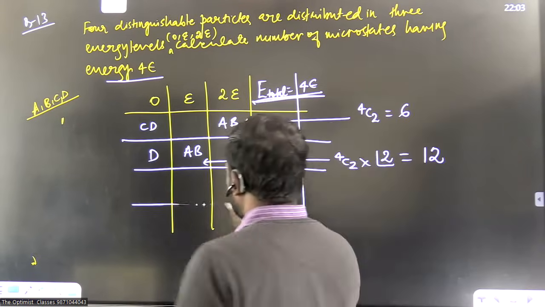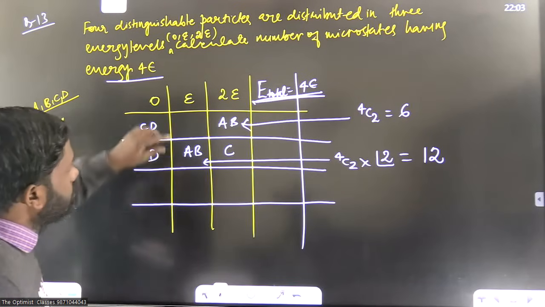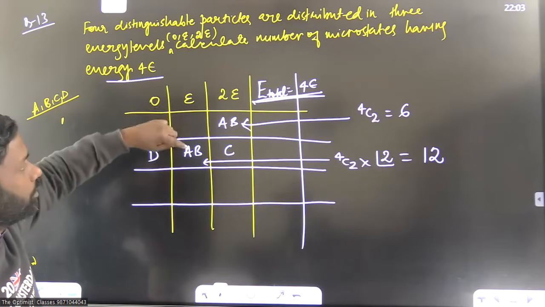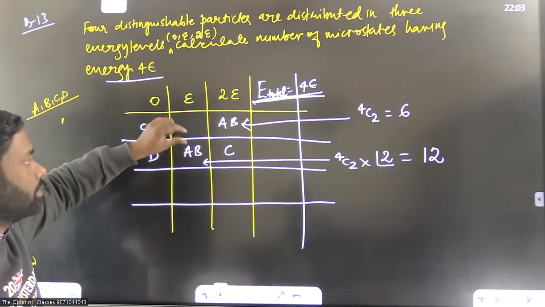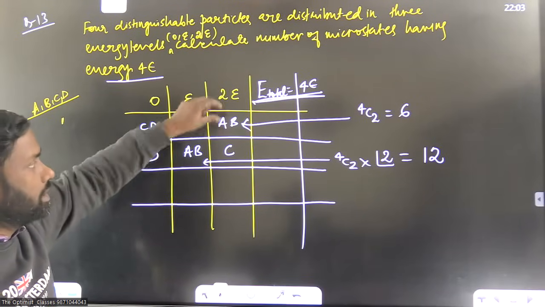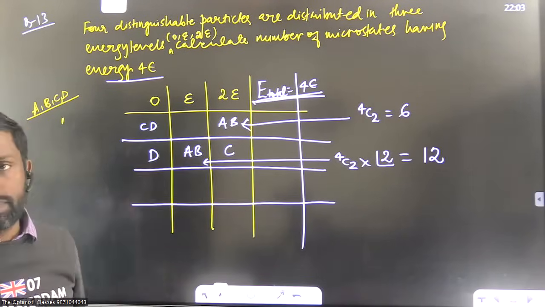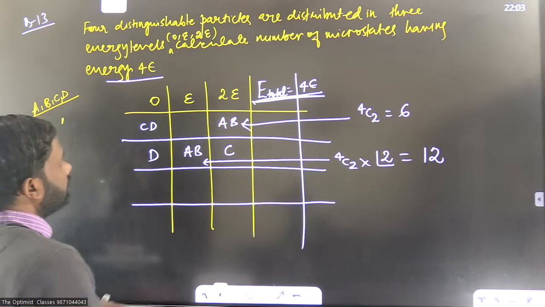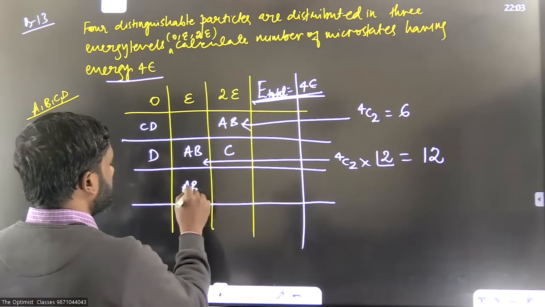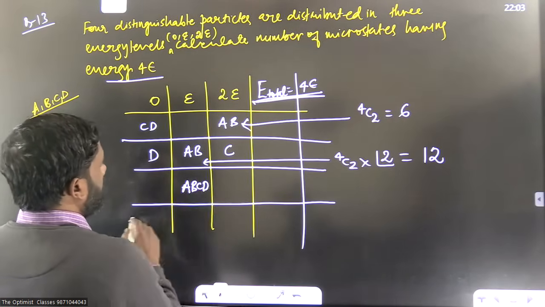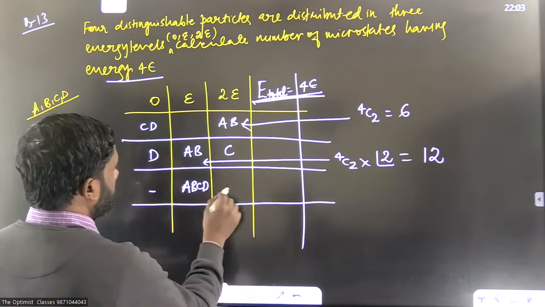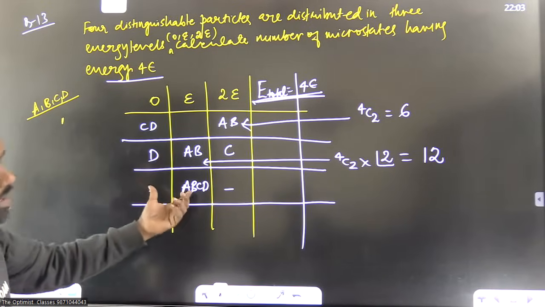And here also, you put two particles, then for one particle energy is epsilon, for another particle also energy is epsilon, and for this particle energy is 2 epsilon, so total energy is 4 epsilon. Now one thing we can do, we can put all the particles here, A, B, C, D, and no particle here, no particle here. So this can be done in only one way.